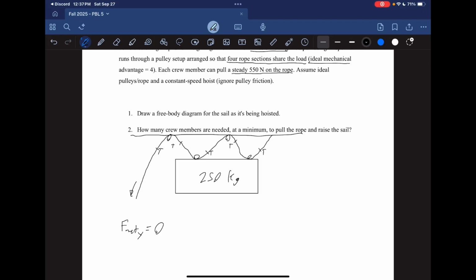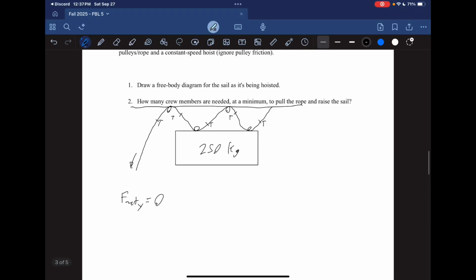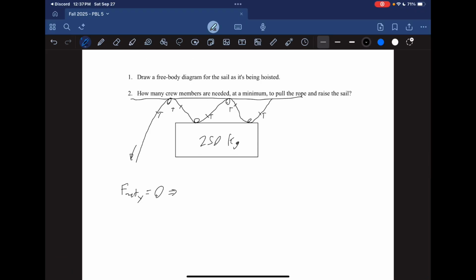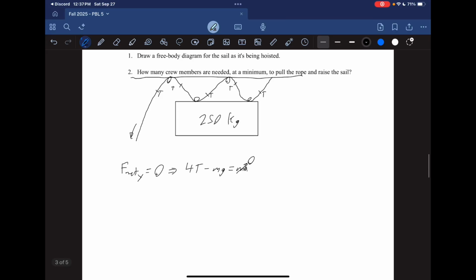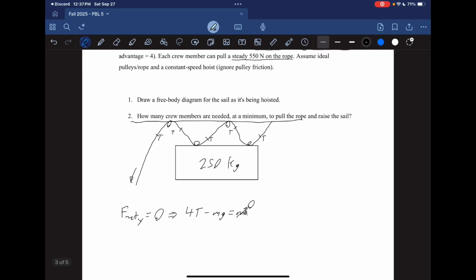Because we're pulling with a steady 550 newtons on the rope, in order to lift this sail, I did that a little wrong. The first thing we need to do is to solve for T. So we have 4T minus the mass of the sail times g equals ma. But we know that ma is equal to 0 because we're trying to pull with a constant speed. And the 550 newtons will come in later.